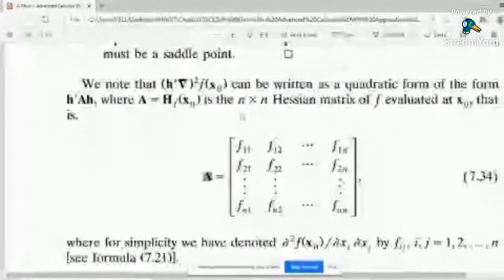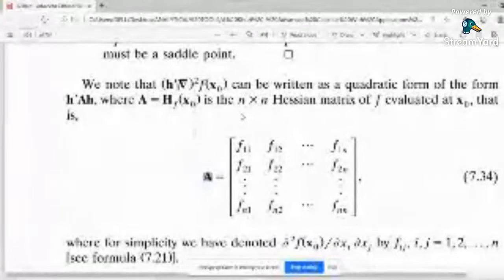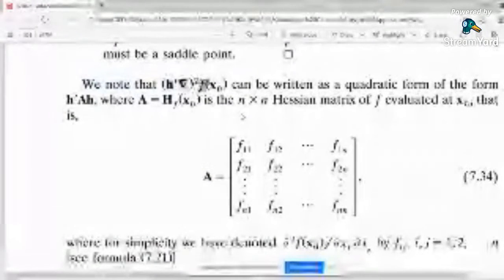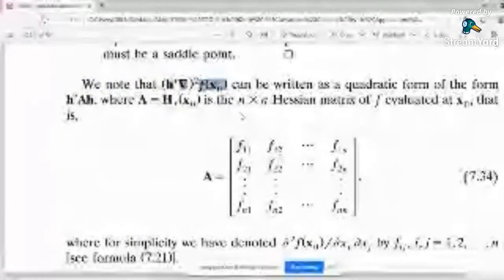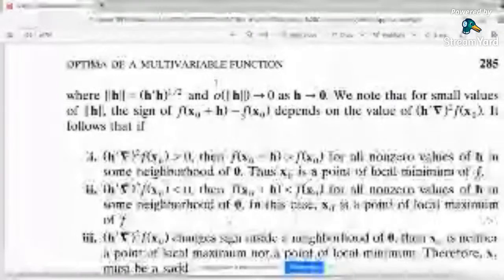This is positive only when all the principal minors of A are positive. You got the idea? So this is the condition. The condition for local minima is that this function is positive, which we have already derived here.